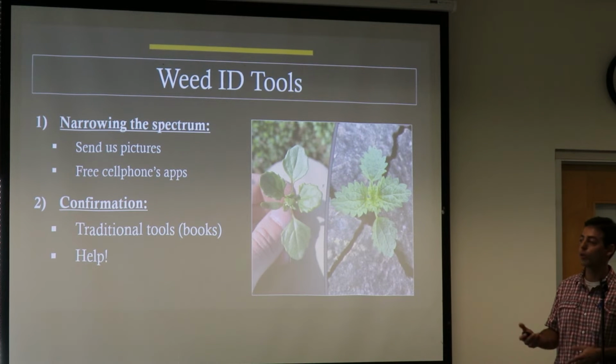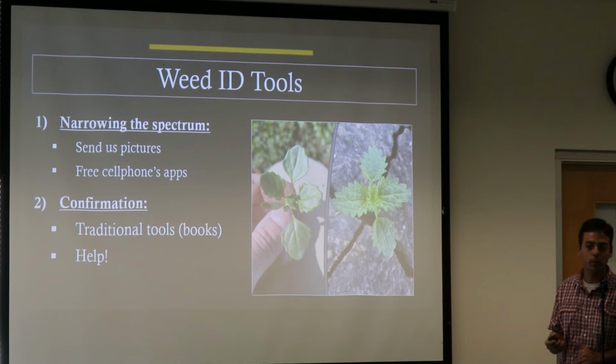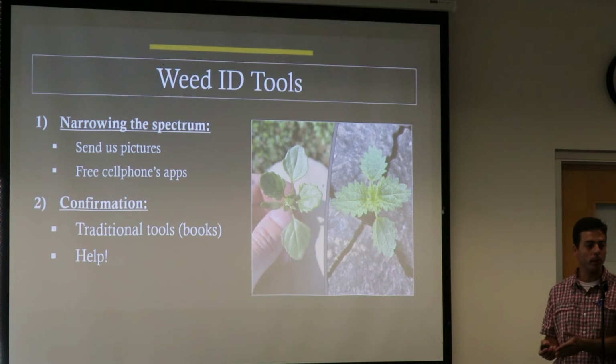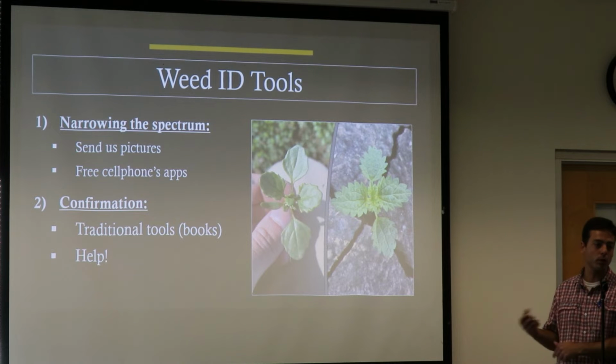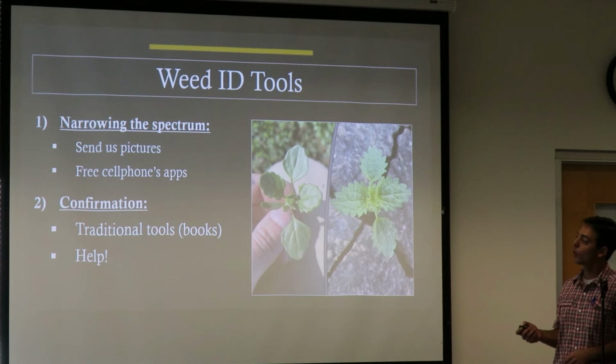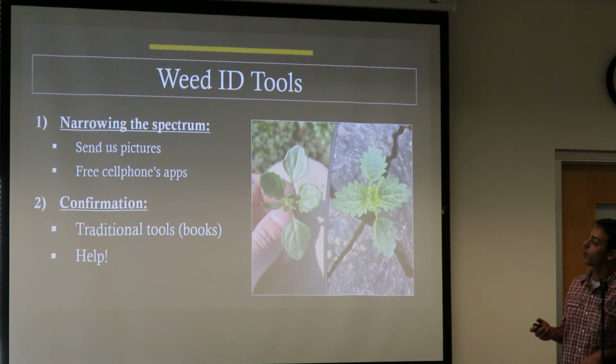They're free if you have a smartphone, you can take a picture. I'm not saying that we should trust them blindly, but in my case, they always help point me in the right direction, at least tell me the genus of the plant, and then I go to the books, for which I'm also going to give you some reference suggestions. So I think they are useful, however we should be careful when we use them, not rely blindly.